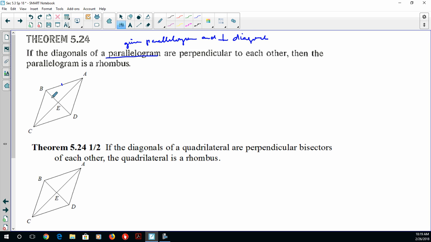What we know about a parallelogram is that, among other things, the diagonals bisect each other.